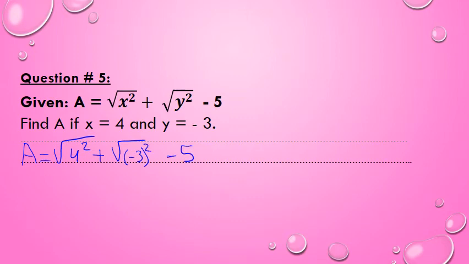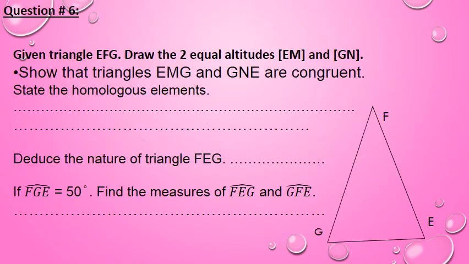Is minus 5 in the radical or outside the radical? Outside. What is radical 4 squared, Selena? It's 4. Plus 3, minus 5. First we start with 4 plus 3. 4 plus 3 is 7, minus 5 is equal to 2.